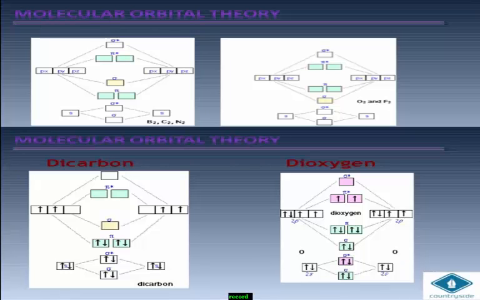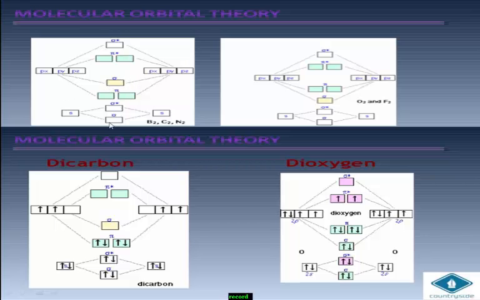Yes, students, the energy level diagrams for this molecular orbital theory are given here. For molecules like boron, carbon, nitrogen, with atomic number less than 7, we use the first graph. This is the energy level diagram for molecules having atomic number less than 7.